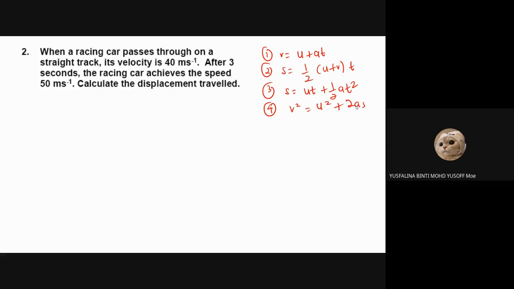When a racing car passes through on a straight track, its velocity is 40. After 3 seconds, the racing car achieves the speed 50. Calculate the displacement.